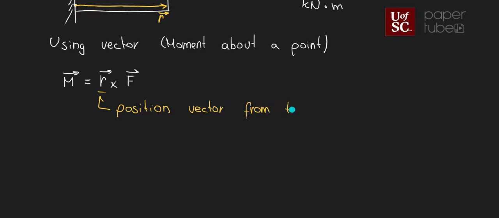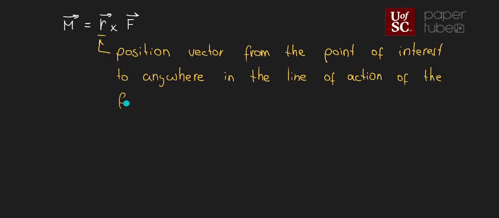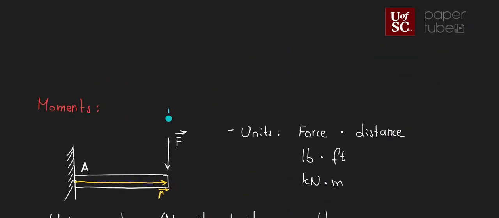So it's a position vector from the point of interest to anywhere in the line of action of the force. All right, so what is the line of action of the force? Well, this is the line of action of that force.